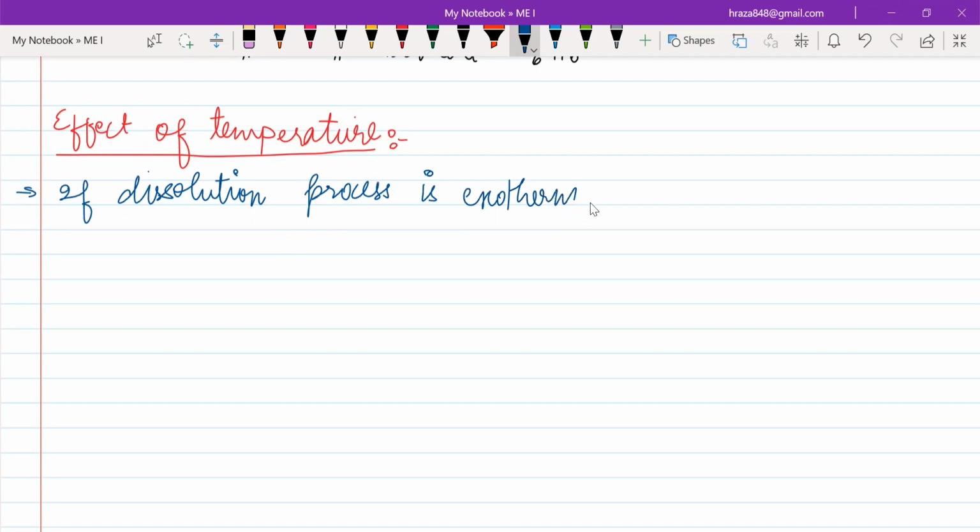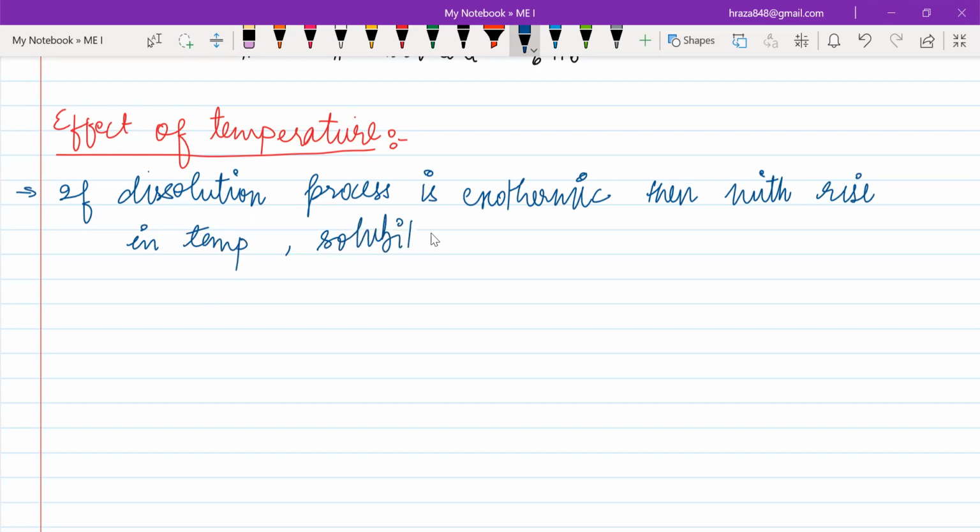Anushka, what does exothermic process mean? In an exothermic reaction, heat is released, while in endothermic, heat is absorbed. Very good. That means the process has a lot of heat energy already.